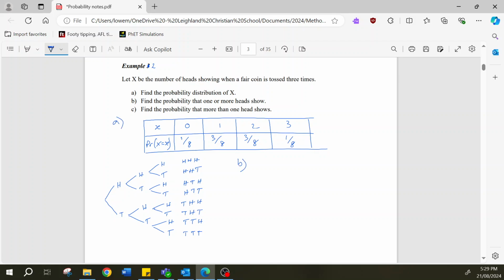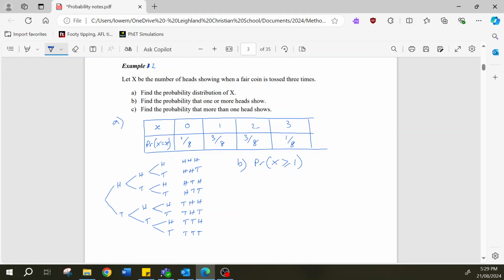That's part A. Part B, find the probability that 1 or more heads show. So 1 head here, or more, so it could be 1, 2, or 3. So the probability that X is greater than or equal to 1.